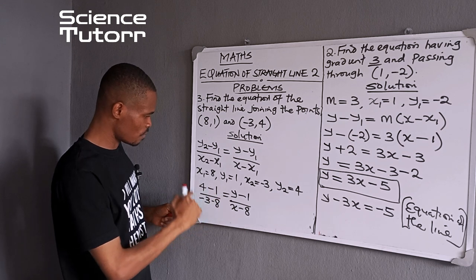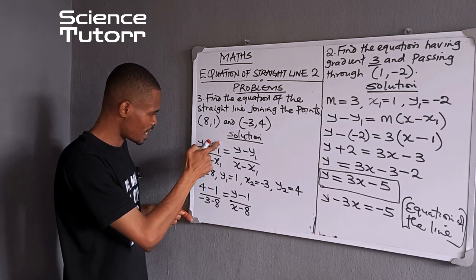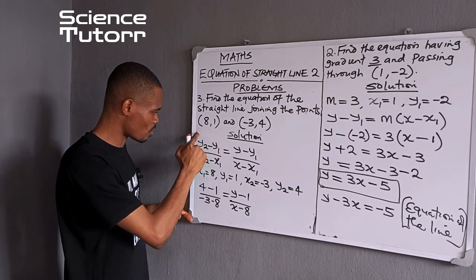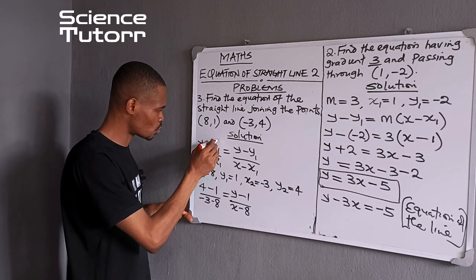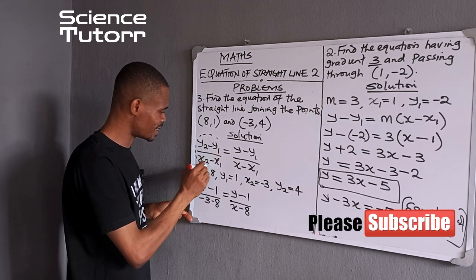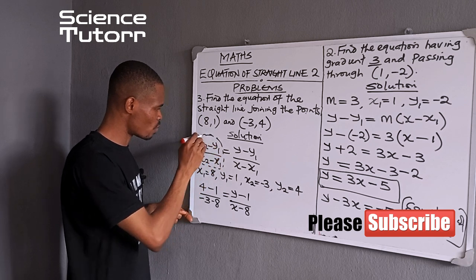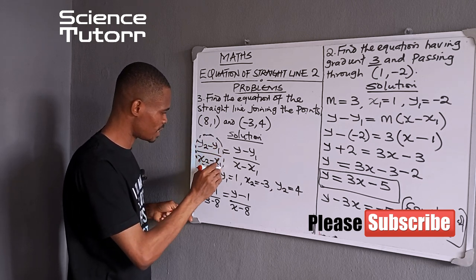If you've observed carefully, you will realize that y2 minus y1 over x2 minus x1 also represents the gradient. So automatically we are solving for m in this case.